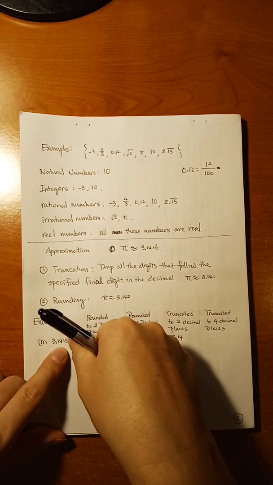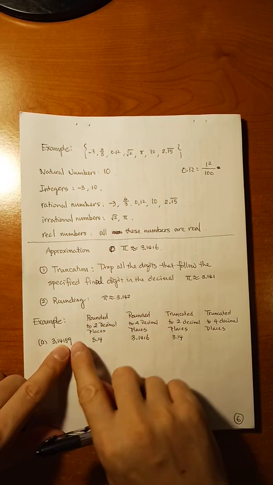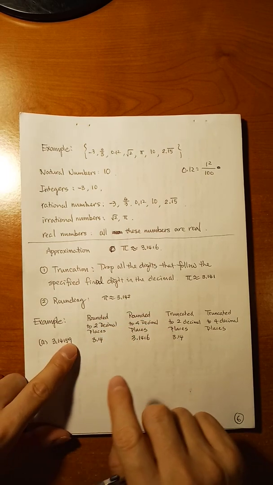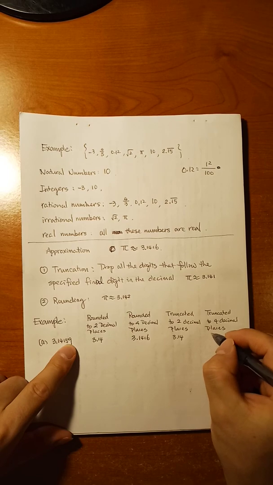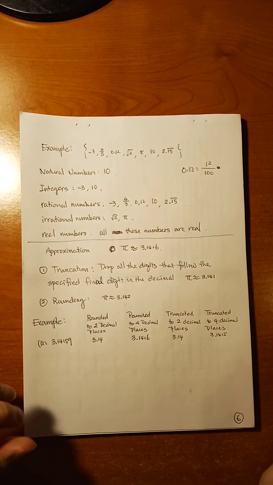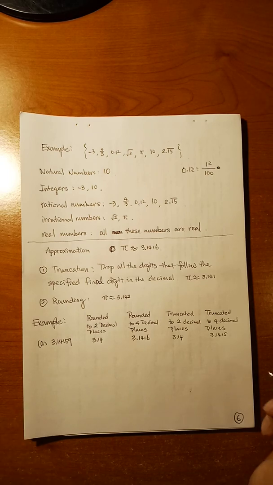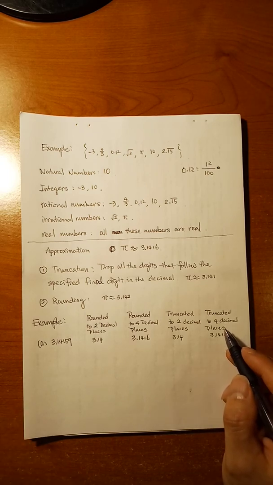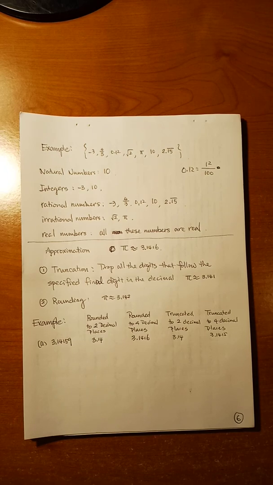Again, you just consider up to 4 decimal places. The 9, even though it's very big, doesn't matter. So it's 3.1415. That's the difference between the truncation and the rounding method for the approximation.